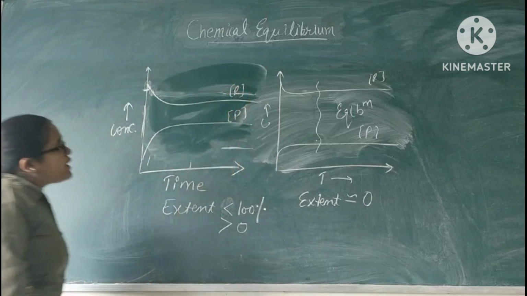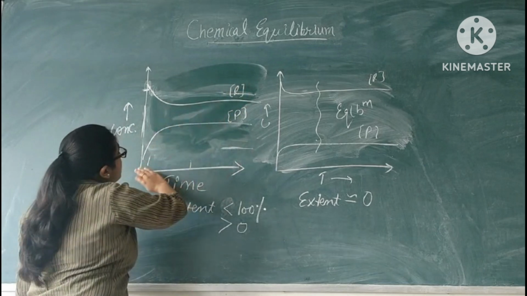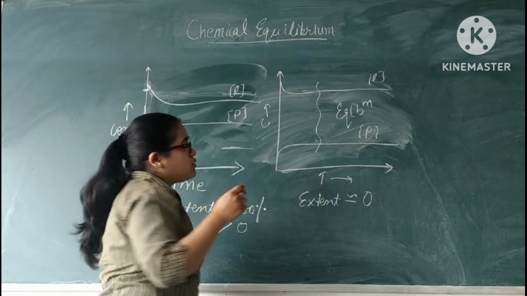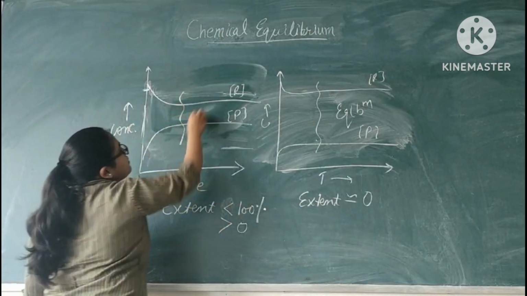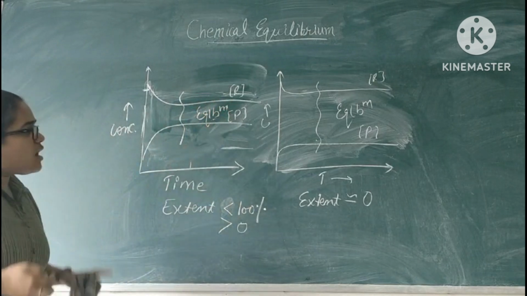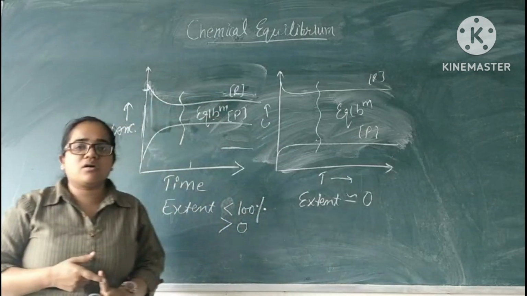Here we can see that no doubt the reactant concentration is decreasing and the product concentration is increasing, but not in a pronounced amount. They are varying in lesser amounts. So here the equilibrium state is this. Okay, so these are the broadly classified types of the extent to which a reaction is occurring.